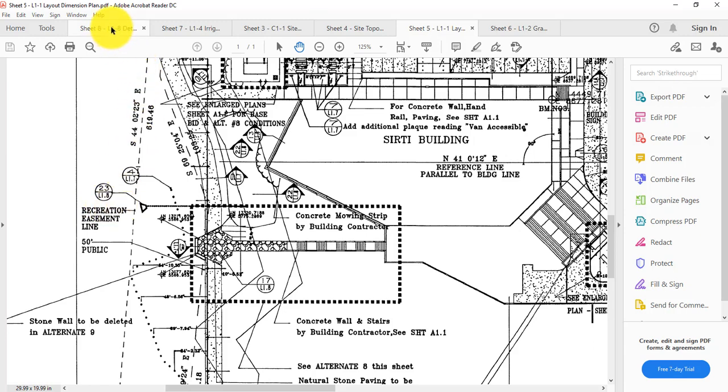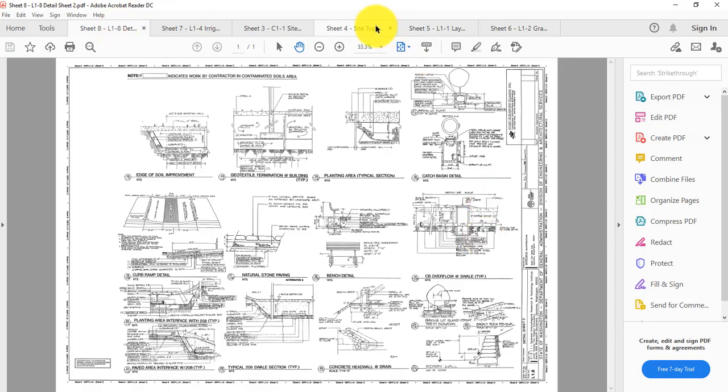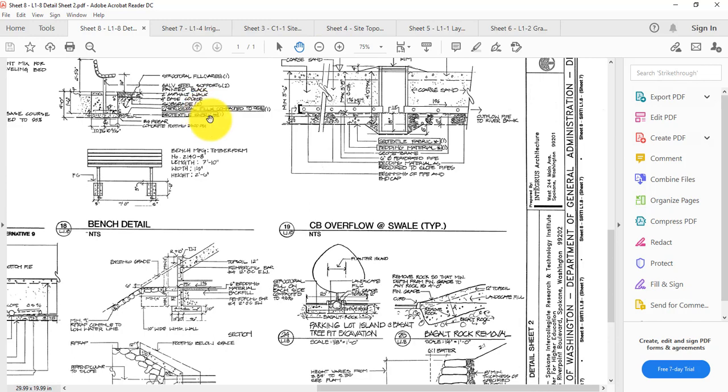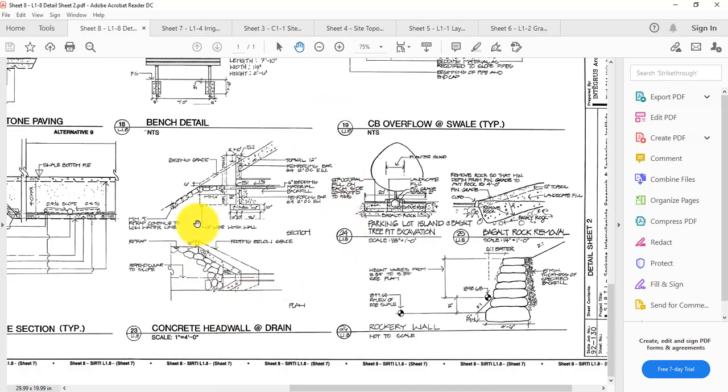If I go over to sheet 8, which is L1.8, and I get a little closer, I go down here to 23, you can see that this is the section that's showing you the bottom of that drain where it comes out from the slope and towards the river. And here's a plan and a section.